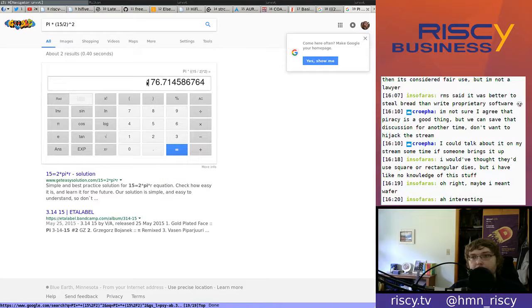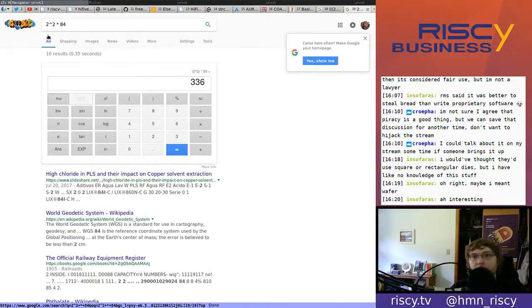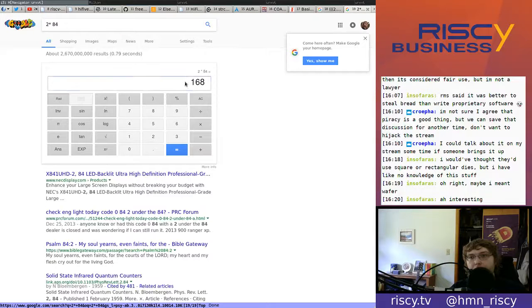I think that would just give us centimeters because it's 176.7 square centimeters for the circle. So if we just say 2 times 84, 168 square centimeters total is what the 84 is taking up.